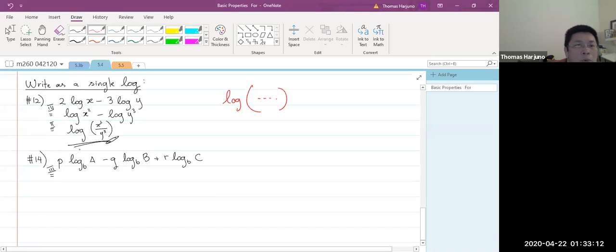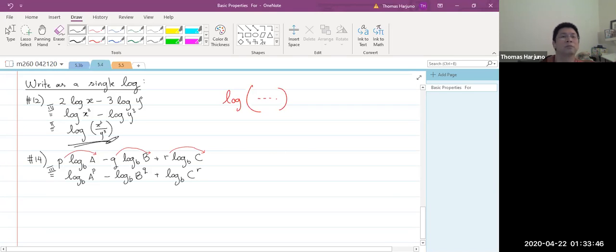So I can pull the exponent, the coefficient becomes the exponent. Okay, so that's log base b of a to the p minus log base b of b to the q plus log base b of c to the r. Okay, that's what my property number 3 is doing.